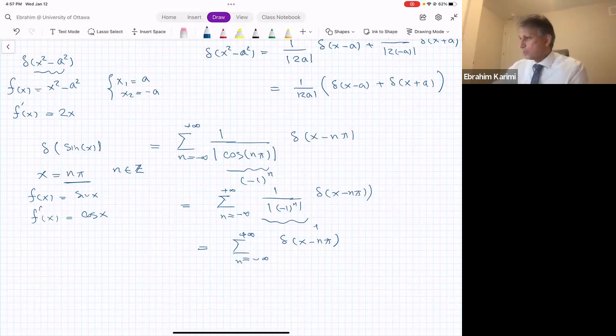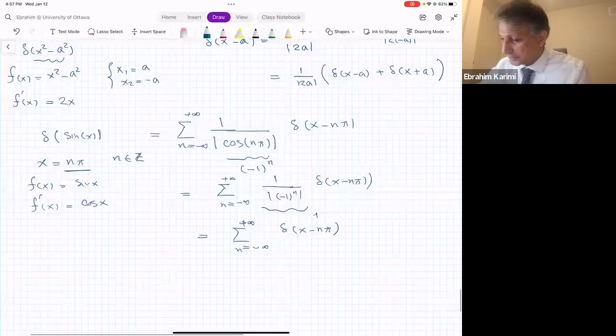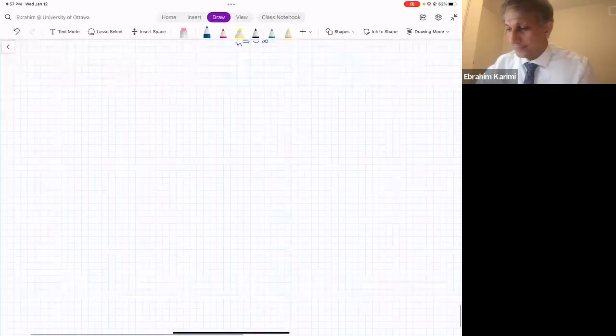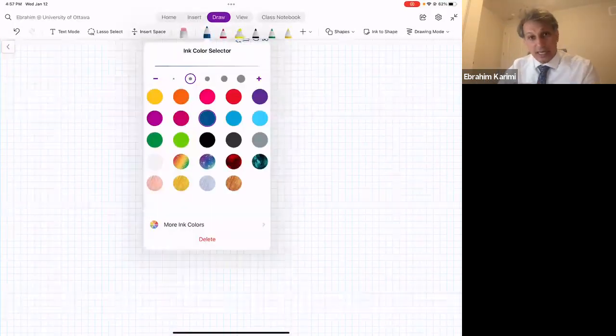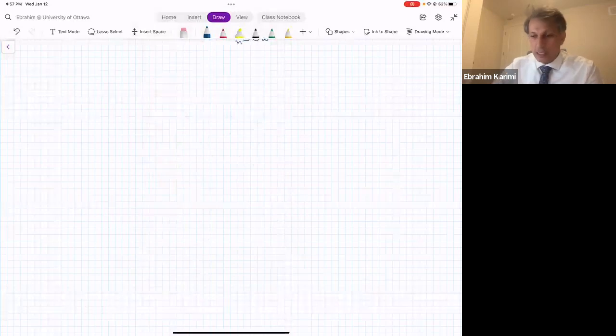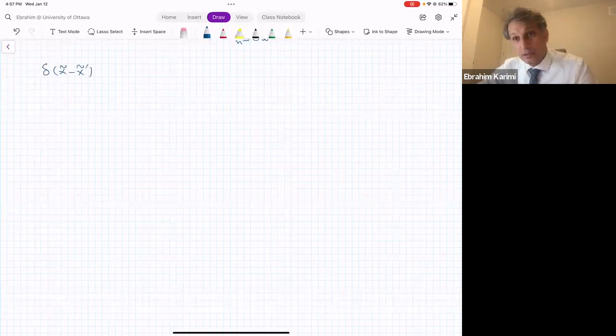No? Okay, so let's also look at the delta functions in the 3-dimensional way. Sometimes, like what we had previously, we deal with delta of x minus x prime, where x is a vector and x prime is also a vector, not a scalar quantity like what we had previously. So what does it mean?